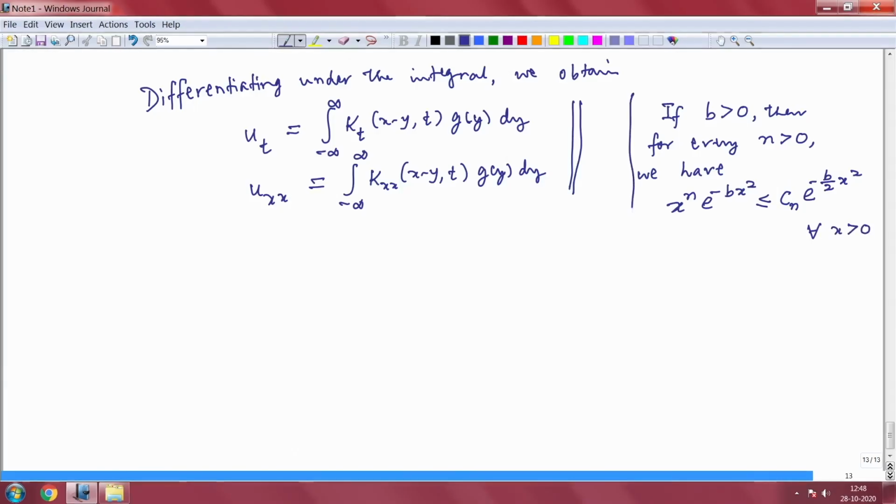This crucial property helps us in taking the differentiation under the integral sign, and that immediately implies, because the fundamental solution satisfies the heat equation, that u satisfies the heat equation.